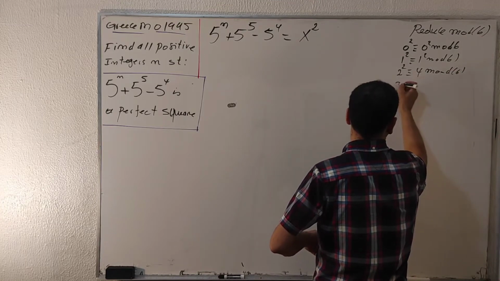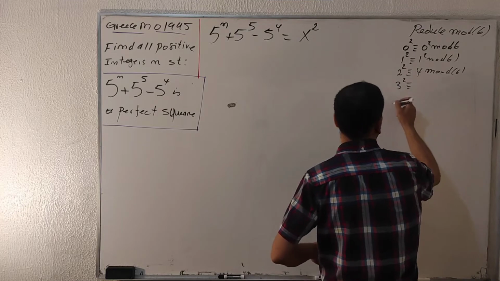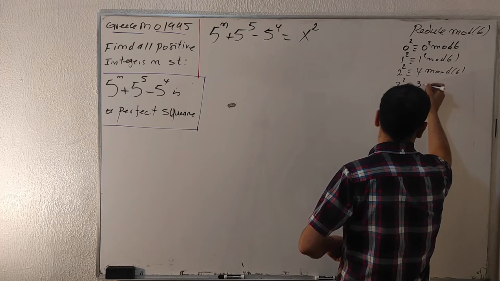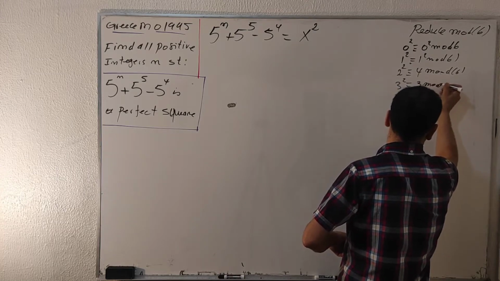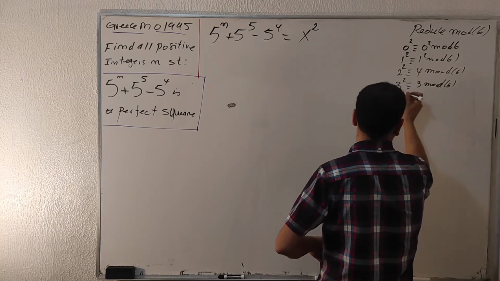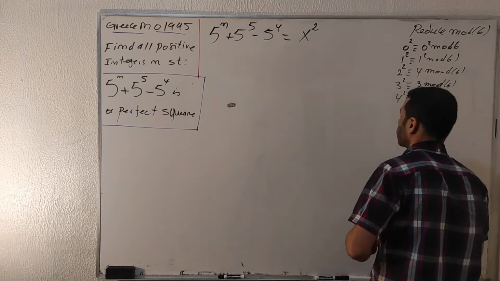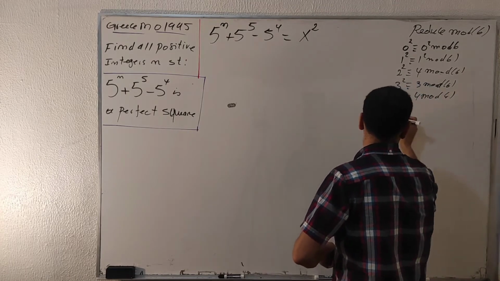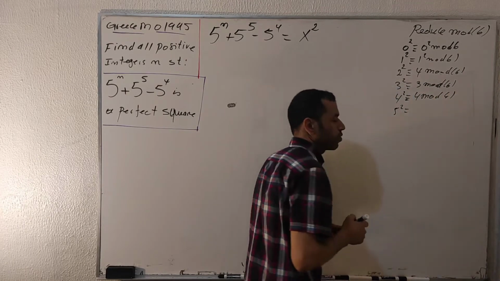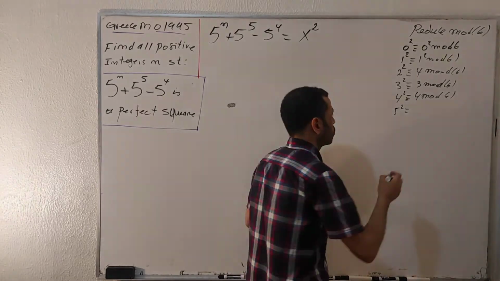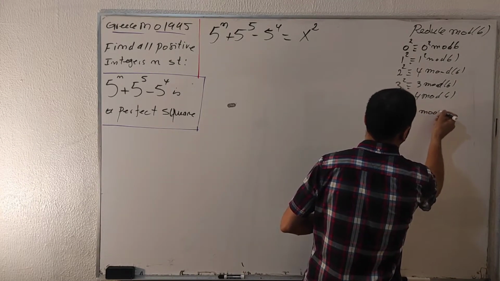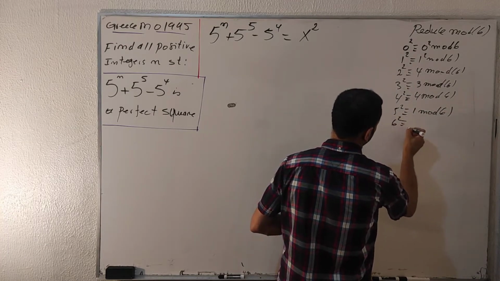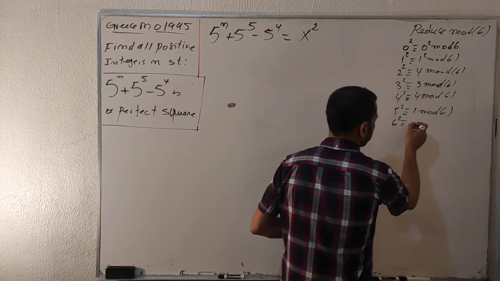Let's check 3 squared, which is 9, which is 3 mod 6. 4 squared is 16, which is 4 more than 12, so 4 mod 6. 5 squared is 25, which is 1 more than 24, so 1 mod 6. 6 squared is 36, with remainder 0 mod 6.